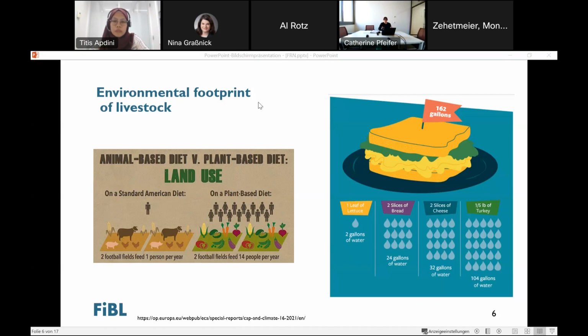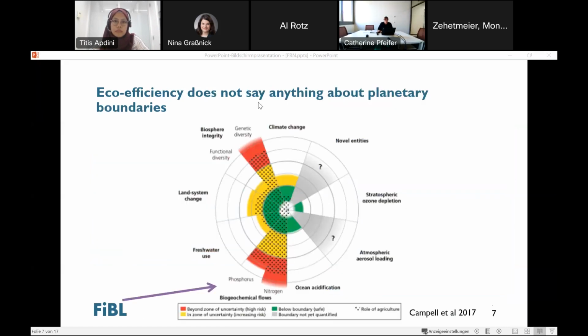Again, an eco-efficiency. On the right side, you see eco-efficiency on water for your sandwich, and what you're going to see is that animal source products need much more water than the rest. Again, eco-efficiency.